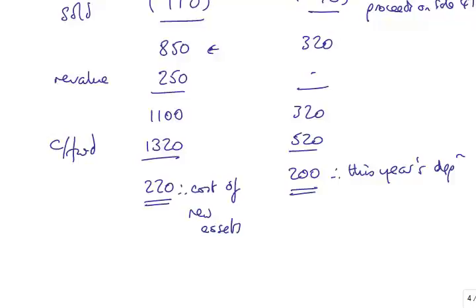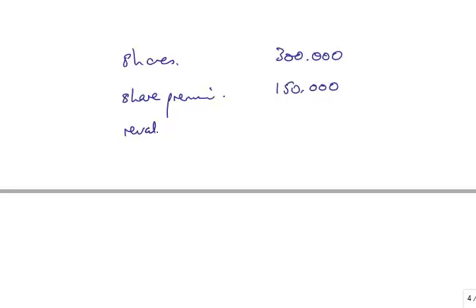If we've got shares of 300,000 and we have a share premium of 150,000, maybe a revaluation reserve of 100,000, and retained earnings of 200,000, so shareholders' funds are therefore 750,000.